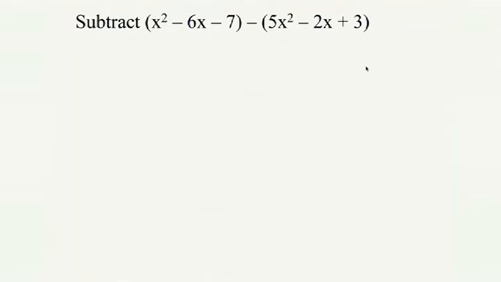For subtraction, we're basically still following the rule that we used when we subtract numbers. We rewrite the problem as an addition problem, and in this case, we change the signs of all of the terms in the expression in the second parentheses.